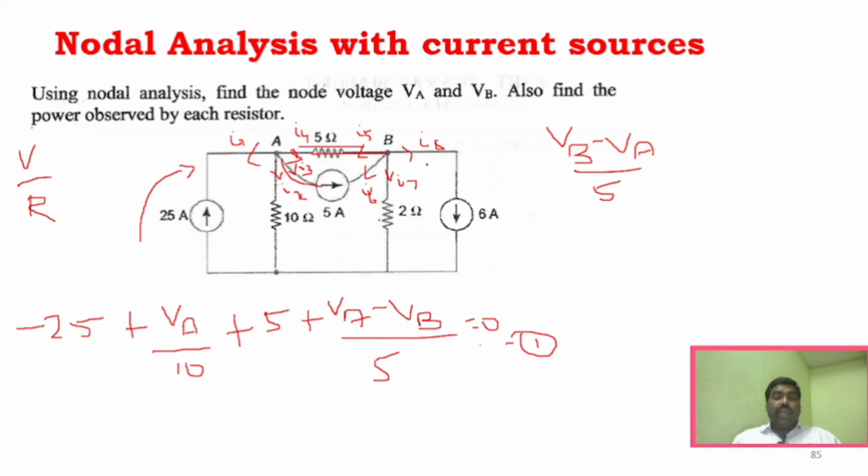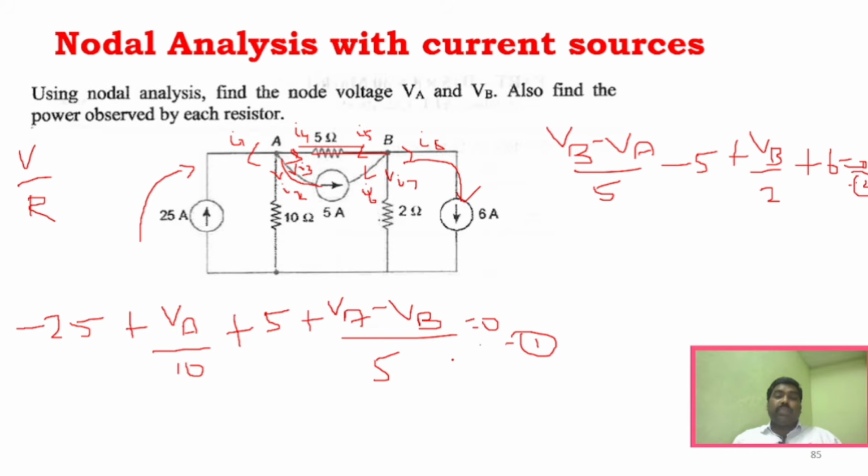If you take this next branch, you can see this is only a current source, and the current source is approaching the node B, so it is minus 5, right? And in another branch where you consider only a resistor, it is VB divided by 2, right? And in the last branch the current source is given and is moving away, so it is plus 6, that is equal to 0. So this is expression 2, right?